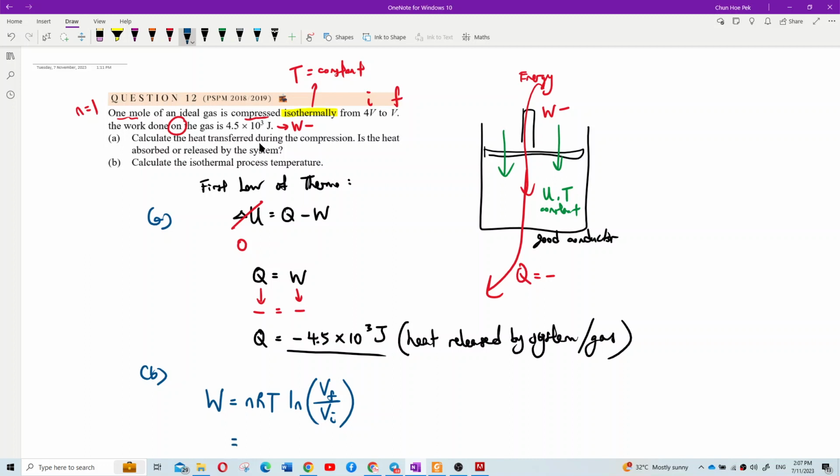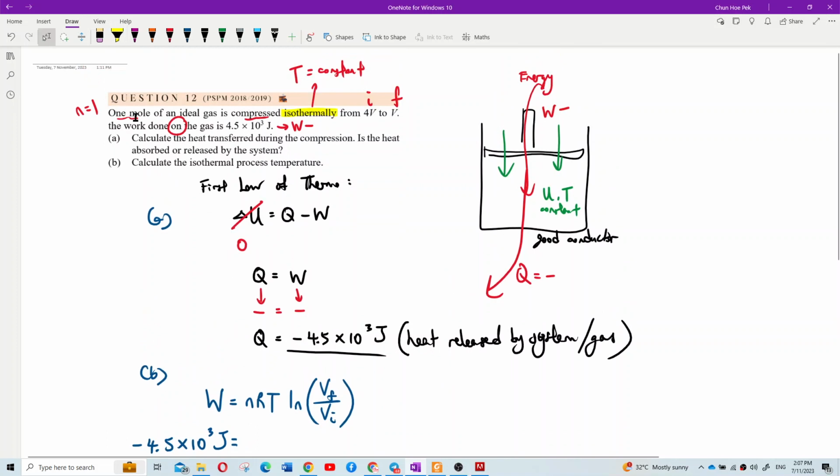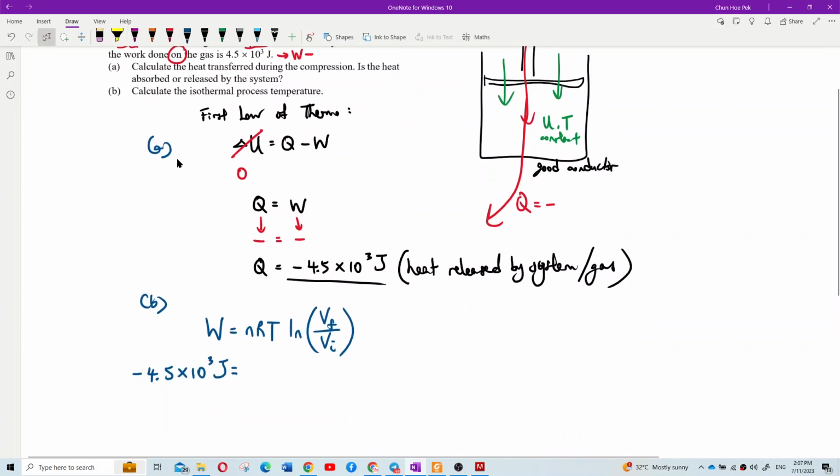So work done on gas is negative 4.5 exponent 3 joule. Negative. Mole, 1 mole. R is the molar gas constant.